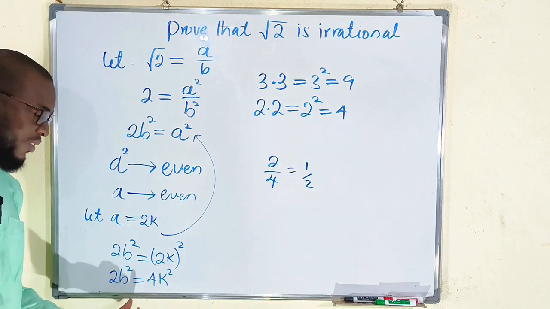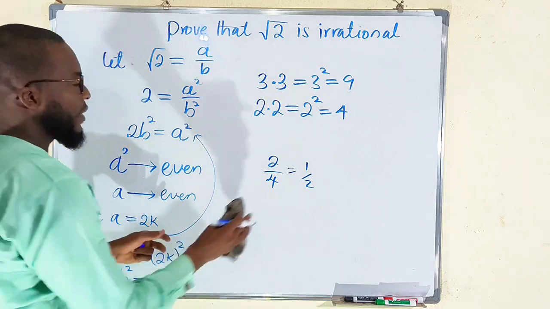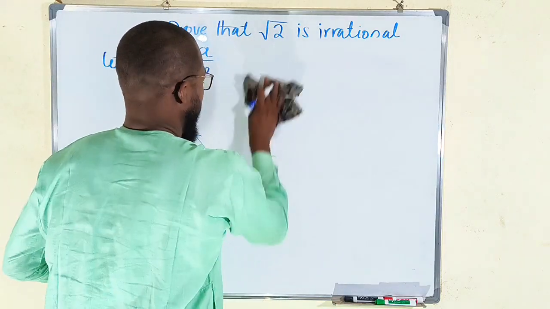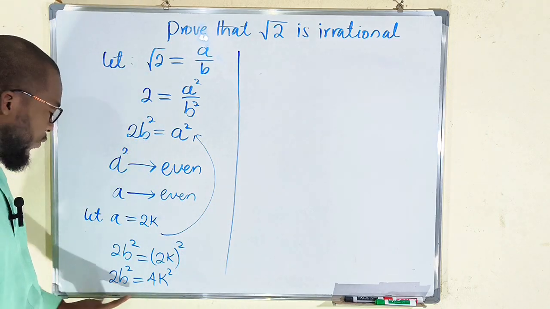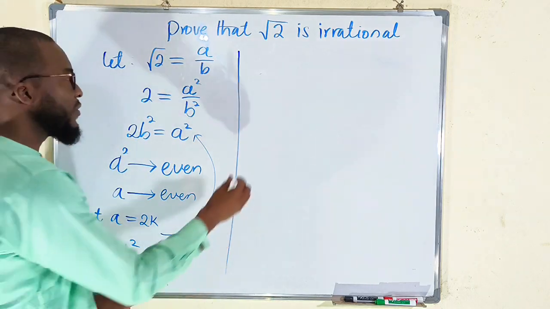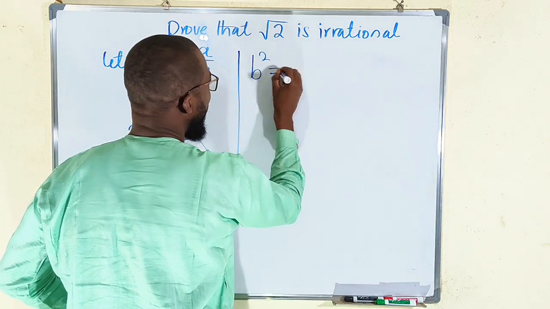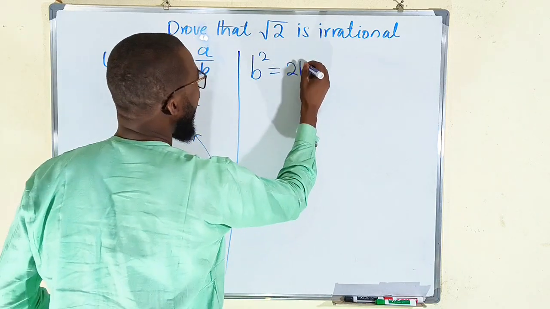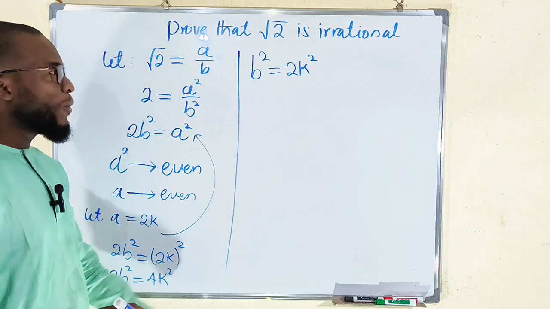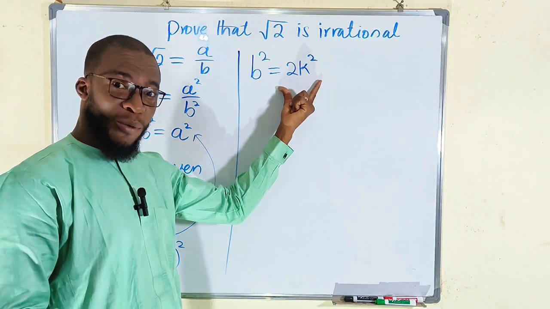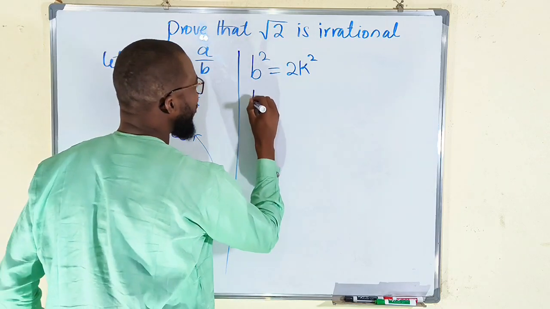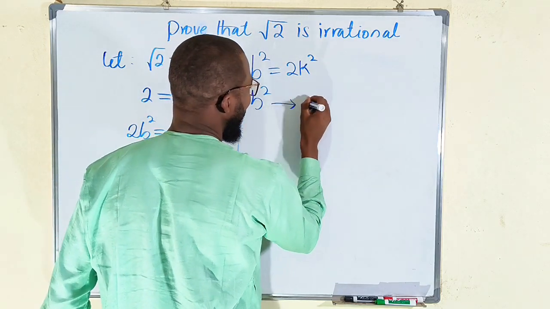We can divide both sides by 2. If you do that, 2 will go into 4 exactly 2 times. So you have b squared equal to 2k squared, which is 2 times something, meaning an even number. Therefore, b squared is also an even number.